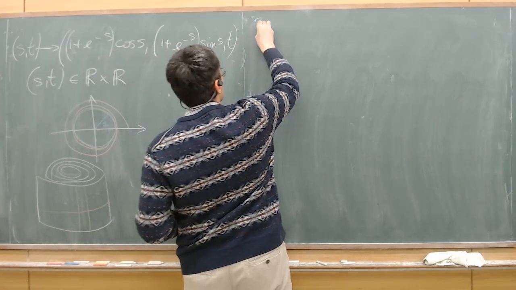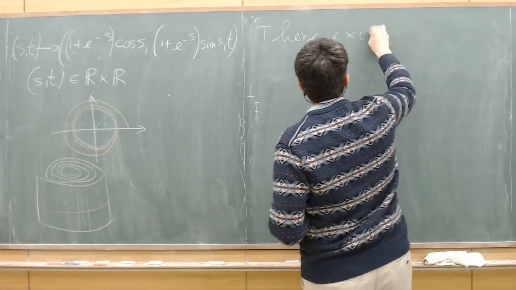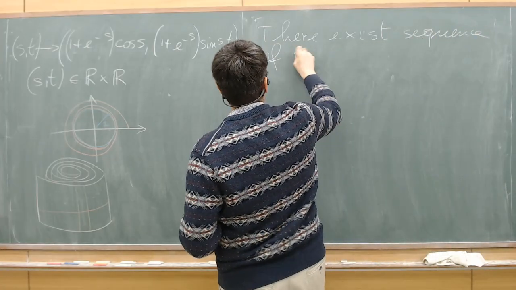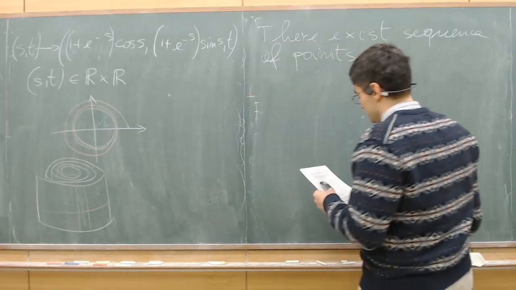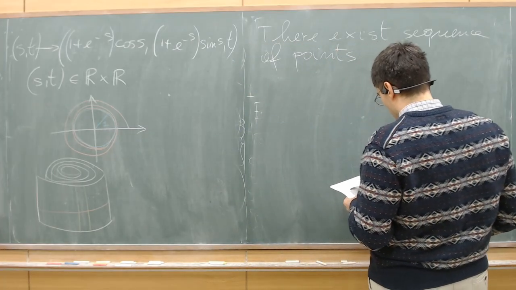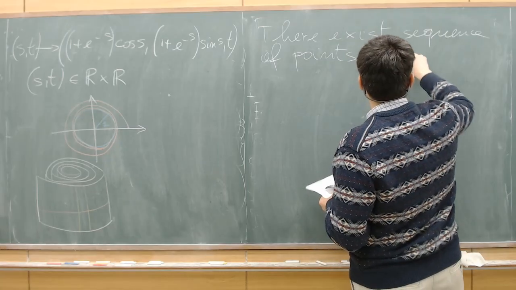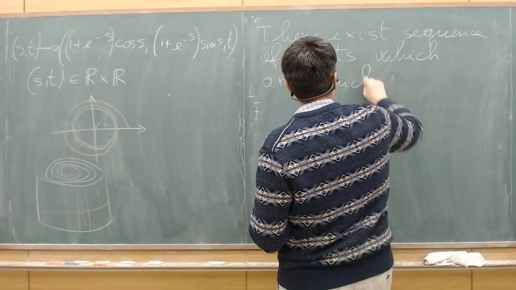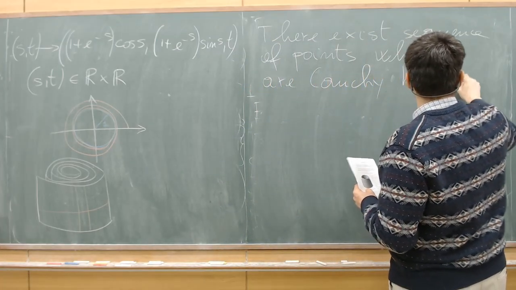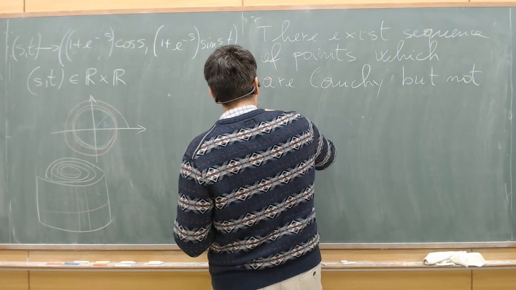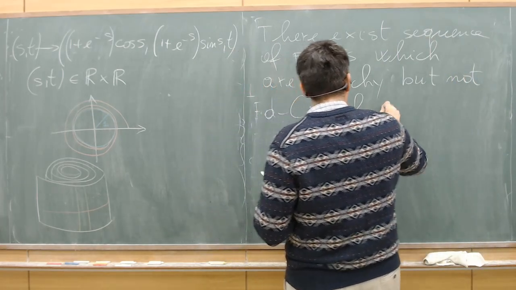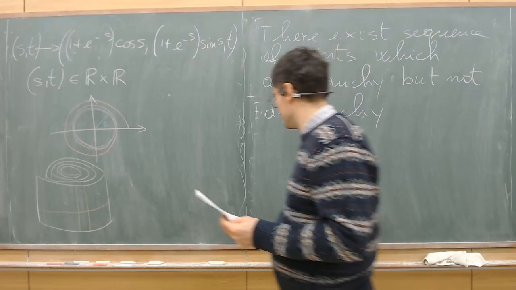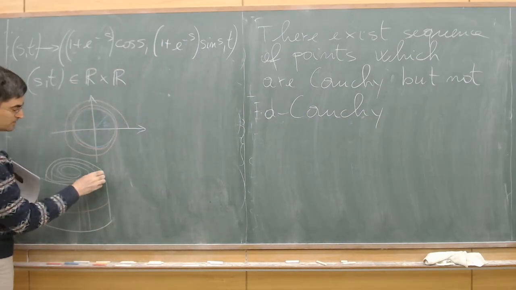So there exists a sequence of points which are Cauchy but not d_S-Cauchy, and for example this sequence here.